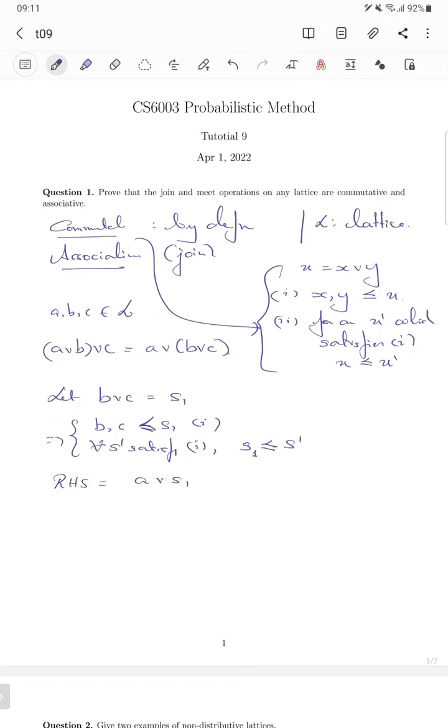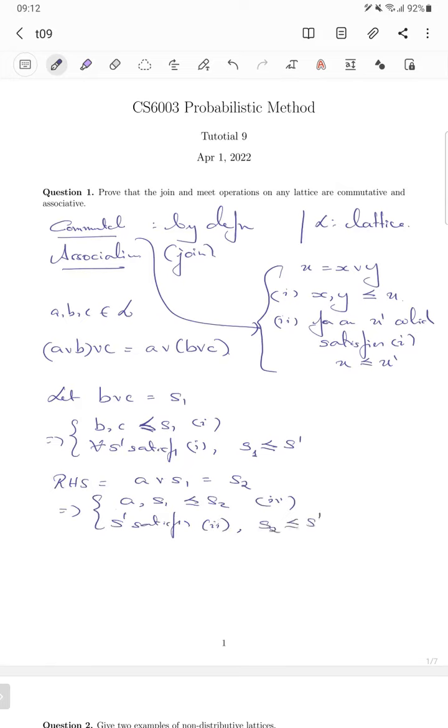Now let that be S2. Then we can say S2 is the join: A comma S1 is less than or equal to S2, and for all S prime satisfying, let me call this 2, S2 should be smaller.